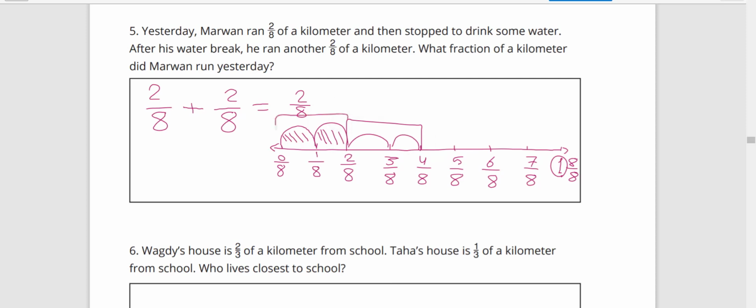How many kilometers did Marwan run yesterday? Count: 1, 2, 3, 4. So 2 over 8 plus 2 over 8 equals 4 over 8.